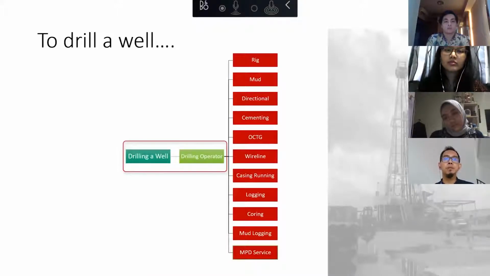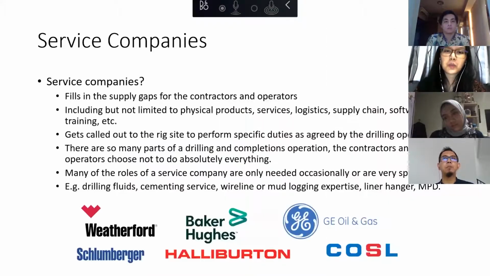But some service companies can have more than one product line or business unit, as you call it. For example, Halliburton has Baroid for mud specialty. Halliburton also has cementing services. They also have wireline, but they don't have mud logging.